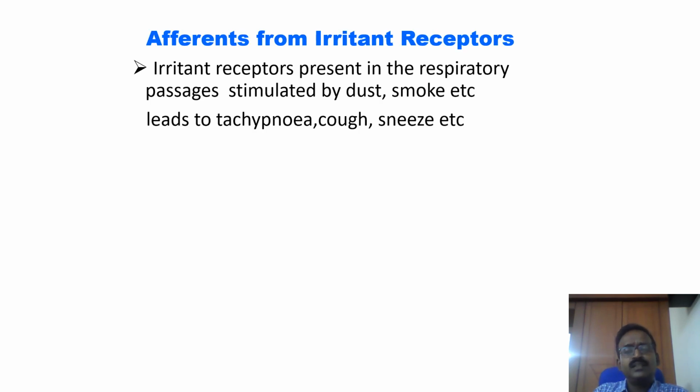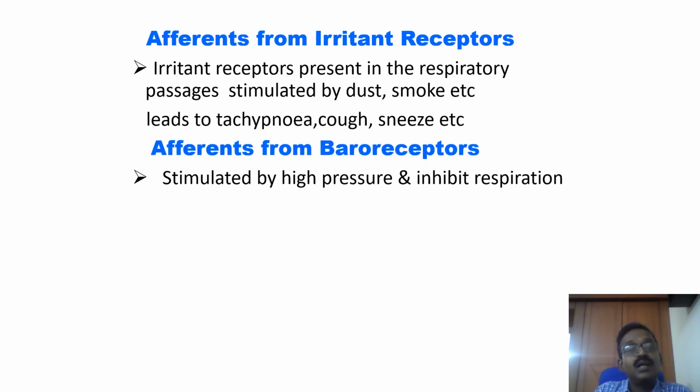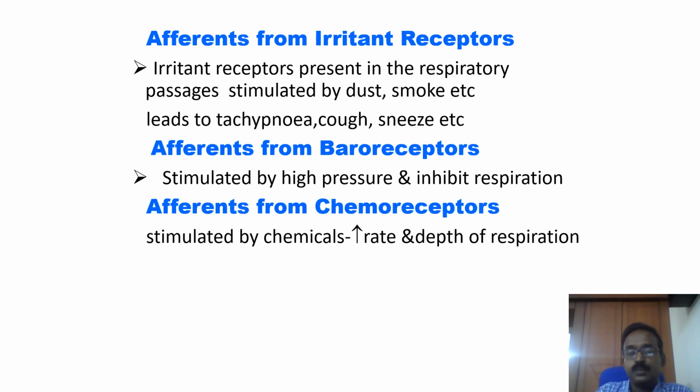Irritant receptors are present in the respiratory tract, mainly for dust and smoke. They produce tachypnea, cough and sneeze. These are protective mechanisms against irritants. And afferents from the baroreceptors. Baroreceptors are stimulated by high pressure, which inhibits respiration. The chemoreceptors sense chemicals, mainly PCO2.